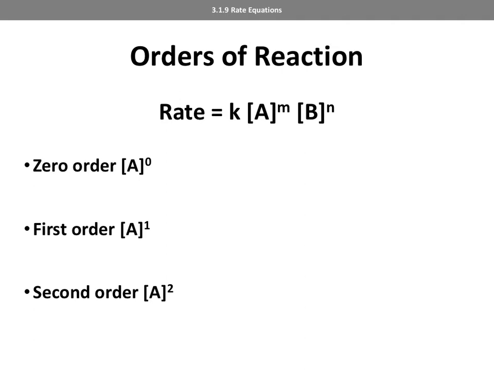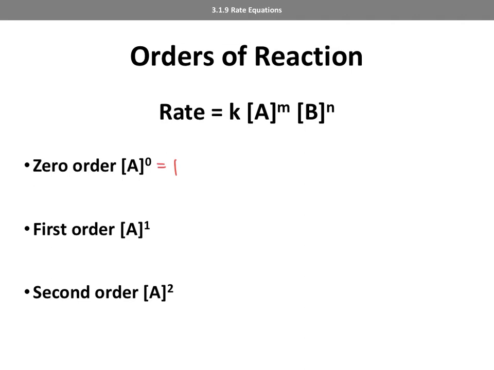Now if we start with zero order, anything raised to the power of 0 is 1. So if I double the concentration, I will still have a value of 1, because anything raised to the power of 0 is 1. So for the first time, we are discovering that it might be possible that concentration does not affect the rate of reaction.